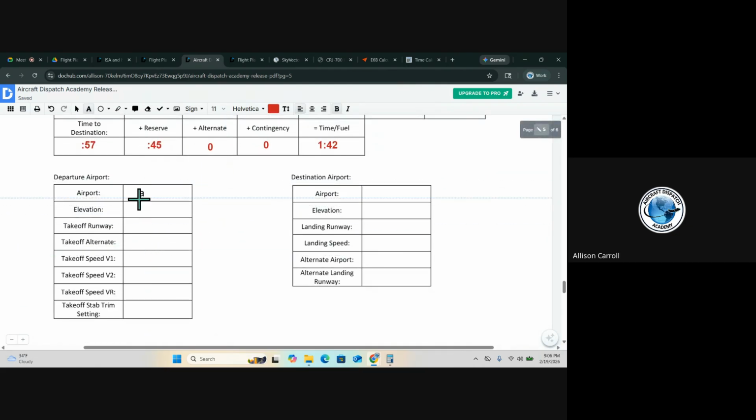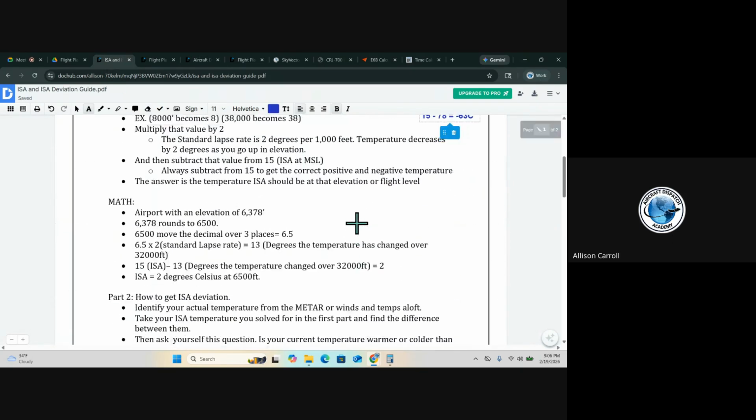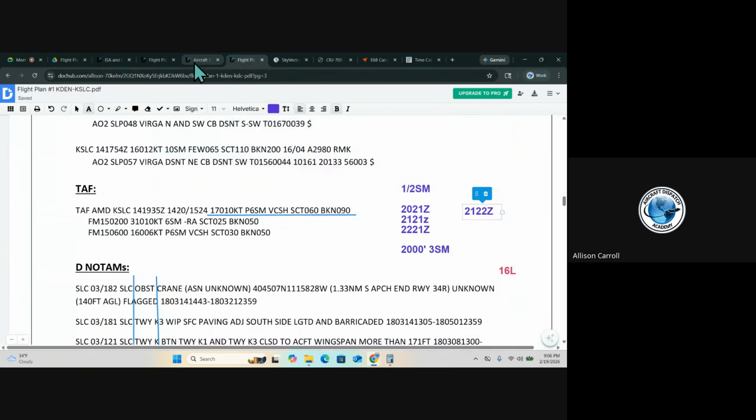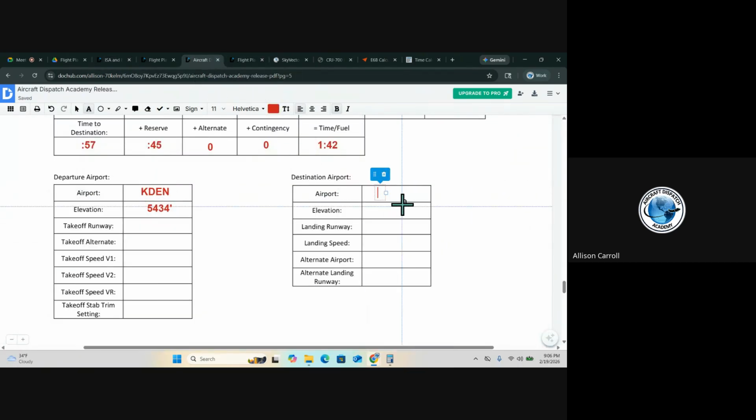Okay, more information. Denver's elevation, what was it? 5434? Yep, 5434. Salt Lake, 4231. I'm just going to put that in right now. Okay, takeoff runway in Denver, it was 16 right.